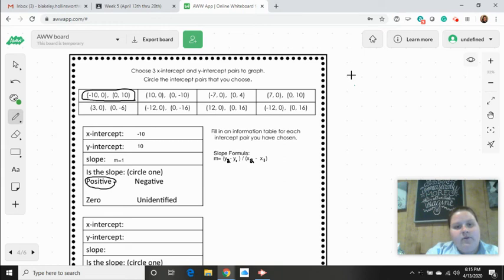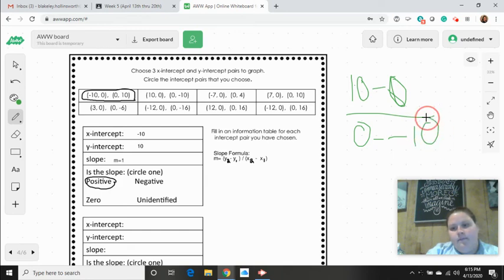My y2 here is 10. Subtract my y1, which is 0. It's supposed to be a 0. Divided by x2, which is 0, subtract x1, which is negative 10. Wait, 10 minus 0 is 10. 0 minus negative 10.